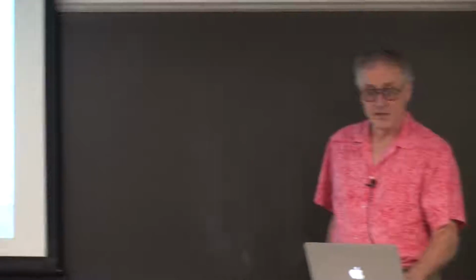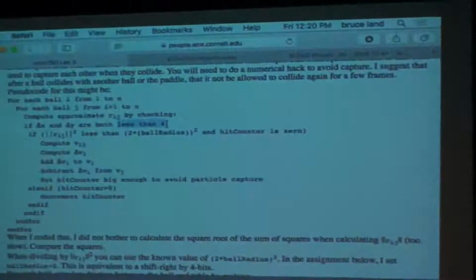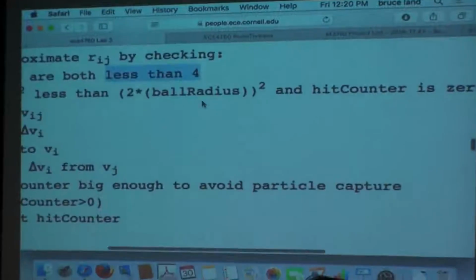Let me start by saying that a student found an error in lab 3. And the error is that in the pseudocode, less than 2 should read less than 4.